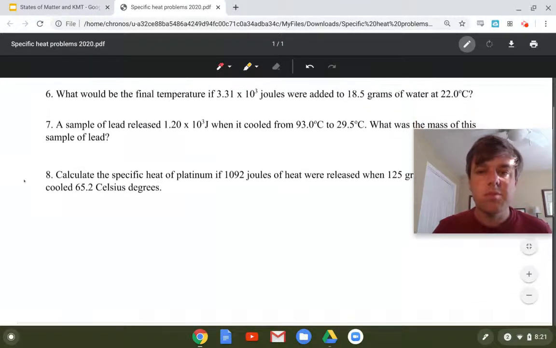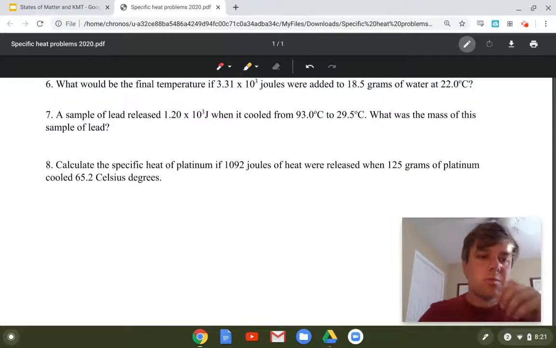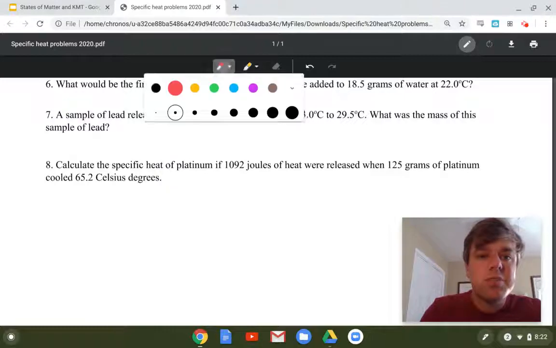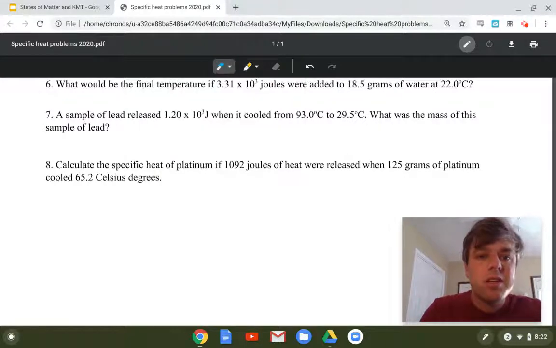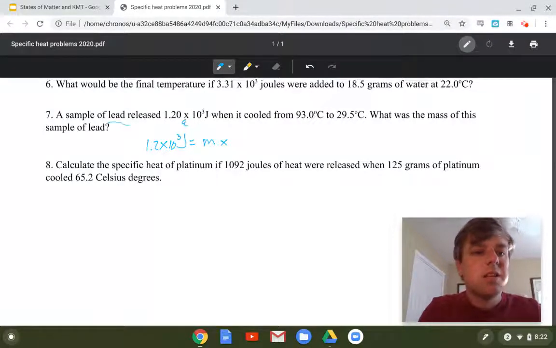And now I'm going to take you down to problem number 7. So let's see if I can move this out of the way. Problem number 7 says a sample of lead released 1.2 times 10 to the third joules when it cooled from 93 to 29.5 degrees Celsius. What is the mass? So our heat, Q, is 1.2 times 10 to the third. That equals our mass, which we don't know, times the specific heat of lead.